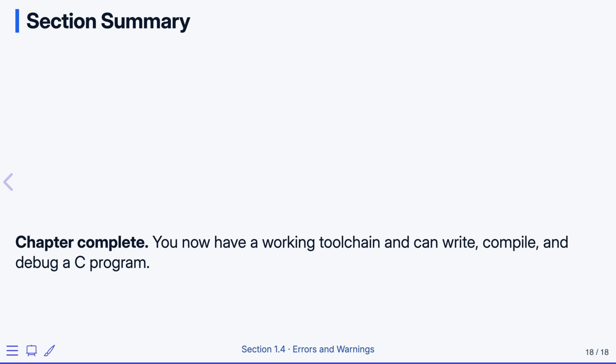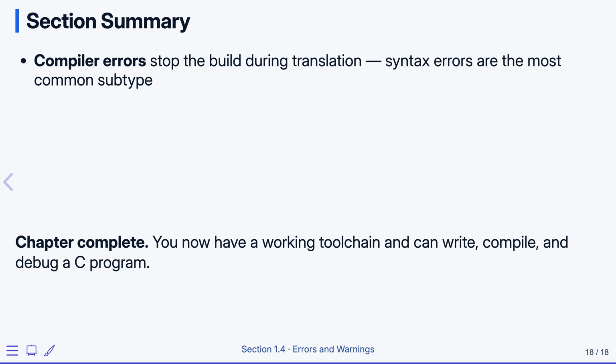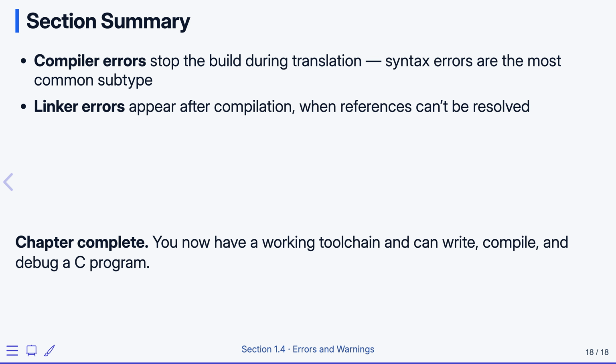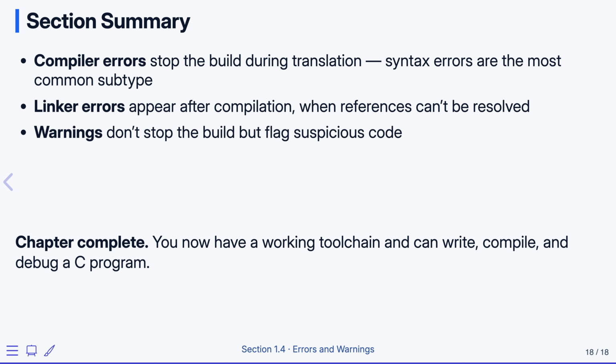Let's recap the whole chapter. Compiler errors stop the build during translation. Syntax errors are the most common kind. Linker errors appear after compiling, when a reference cannot be resolved. Warnings do not stop the build, but they flag suspicious code.